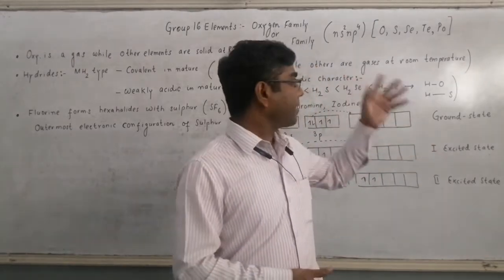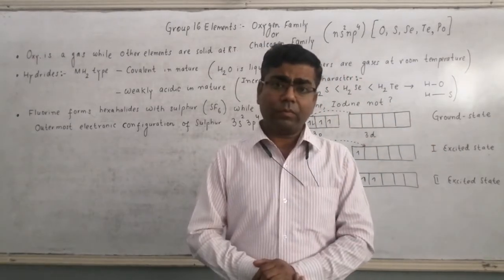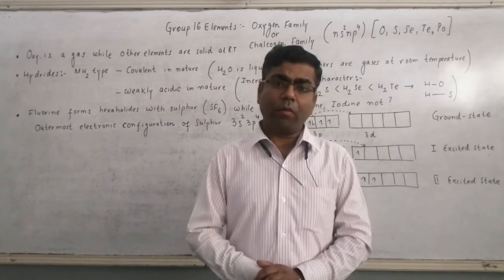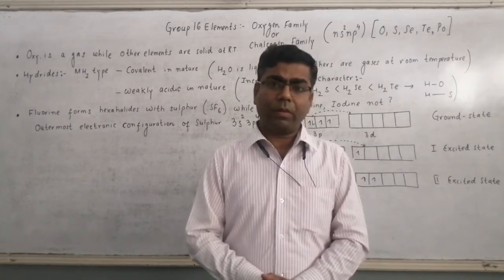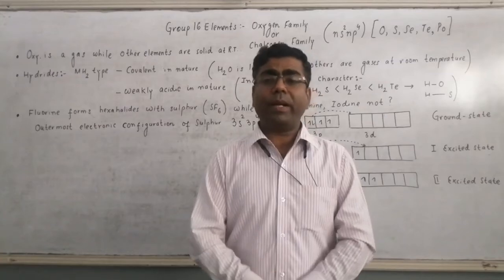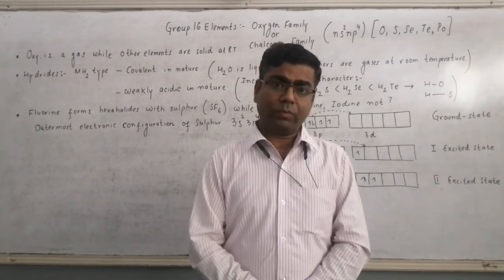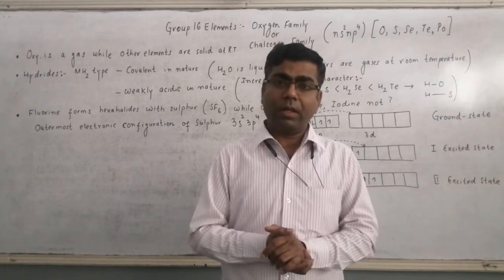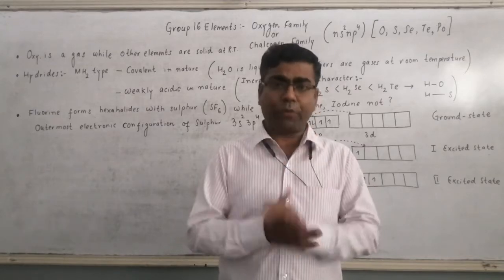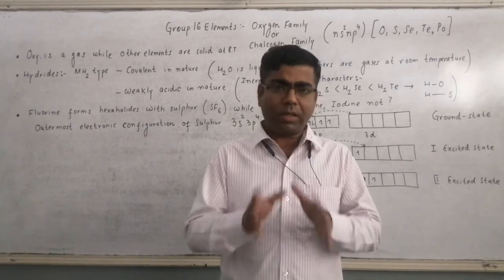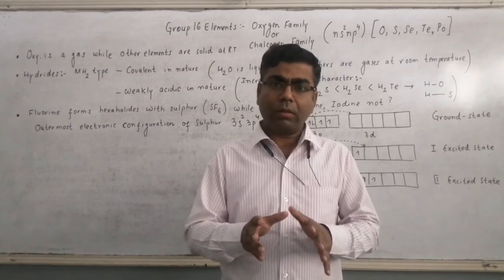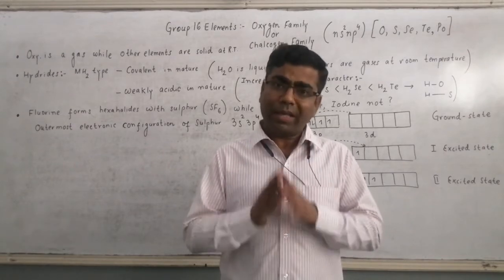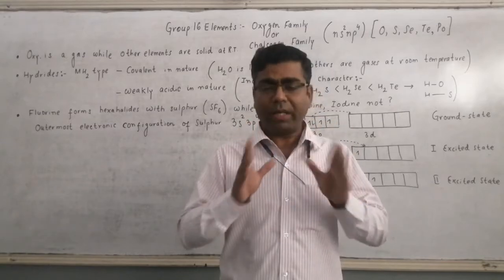While the other elements like sulfur, selenium, in all these elements vacant d orbital is present. So these elements can expand their octet. So they can have more than 8 electrons after sharing of electrons. But oxygen every time will be having 8 electrons after sharing.